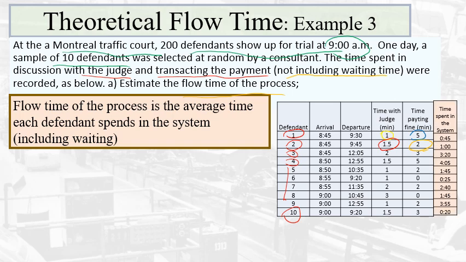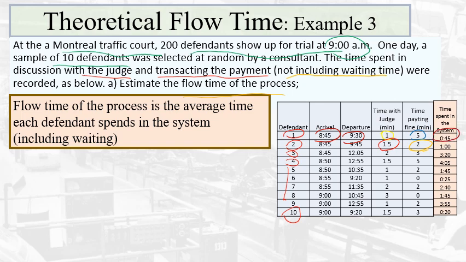So we calculate how long each defendant spent in the court. So, for example, for defendant 1, he or she arrived at 8:45, left at 9:30. So that's 45 minutes total time spent in the system.